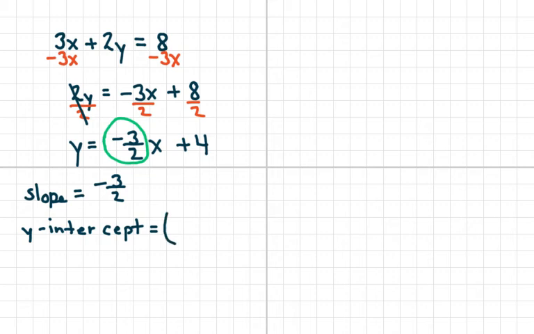My y-intercept is 0, whatever that number on the end is. And since my slope is negative here, I should get a falling line. Now, use that slope information and that y-intercept to plot the y-intercept and 3 more points that are on that line. Connect up the dots and show me what your graph looks like.